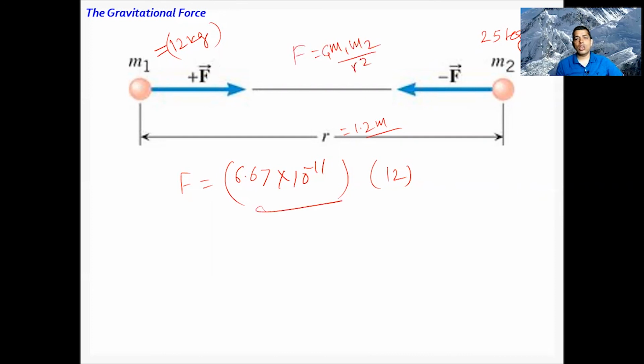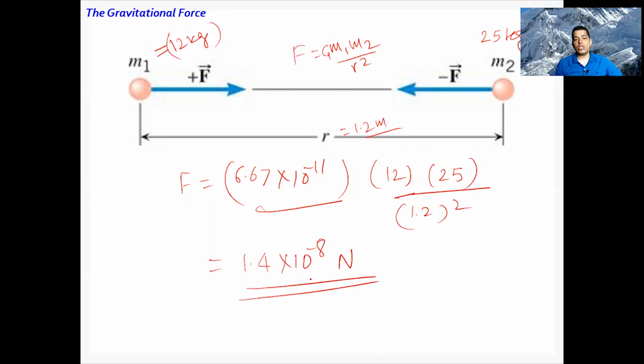G is this, M1 is 12, M2 is 25, and divide by 1.2 squared. If you do the calculation, I have the number here, 1.4 times 10 to the negative 8 Newton. So this is a little bigger than the previous case, but still very small, because in the previous case we had 10 to the negative 11, now we have 10 to the negative 8. This is still very small. So practically there is no force. In theory there is, but in practice there is no force there.